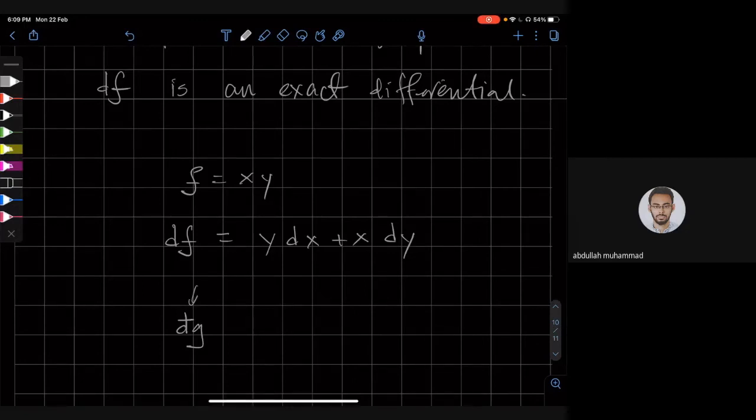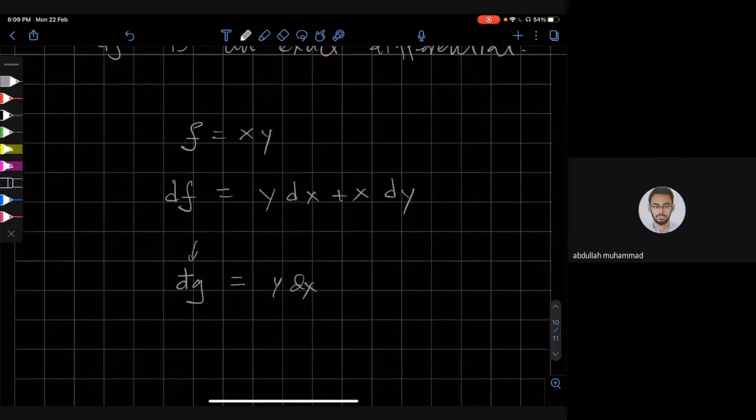For example, if I write x times d of y, that's an inexact differential. There is no such function g such that if you take the exterior derivative of g, you get this. So these things don't exist.